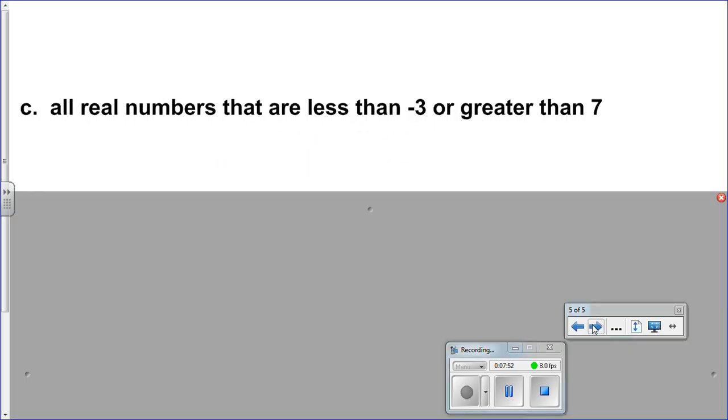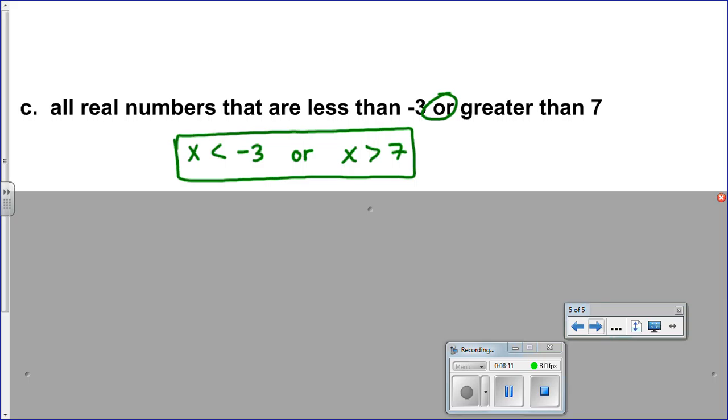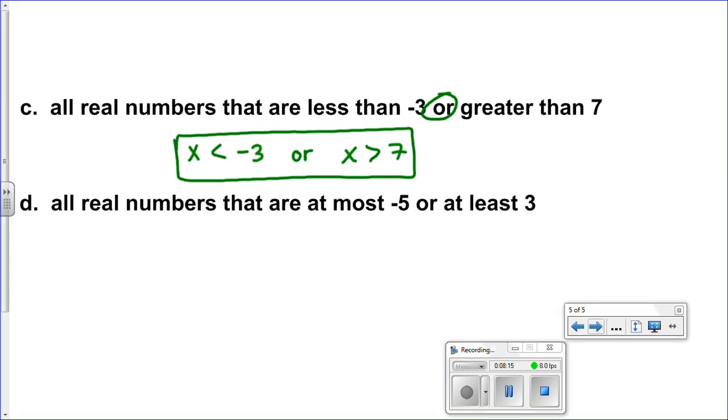Okay, again, or is the easier one because it will say the word or. So you want numbers that are less than -3. So x is less than -3, or x is greater than 7. That's all you're doing, is you're just writing this out as an inequality solution. Okay?